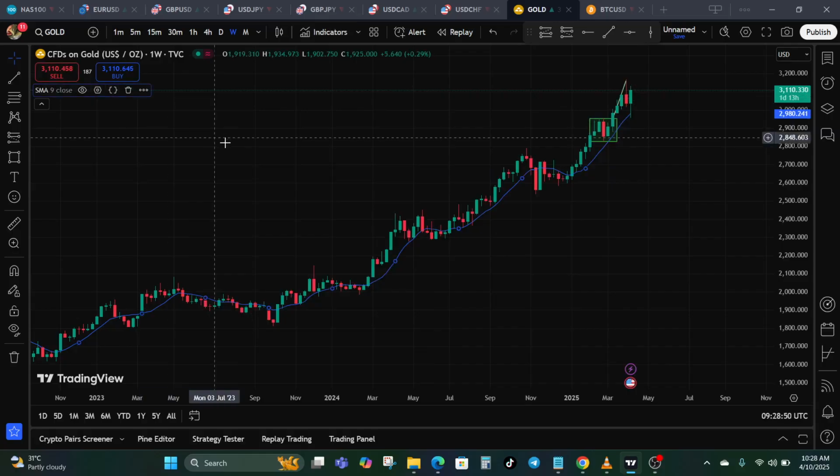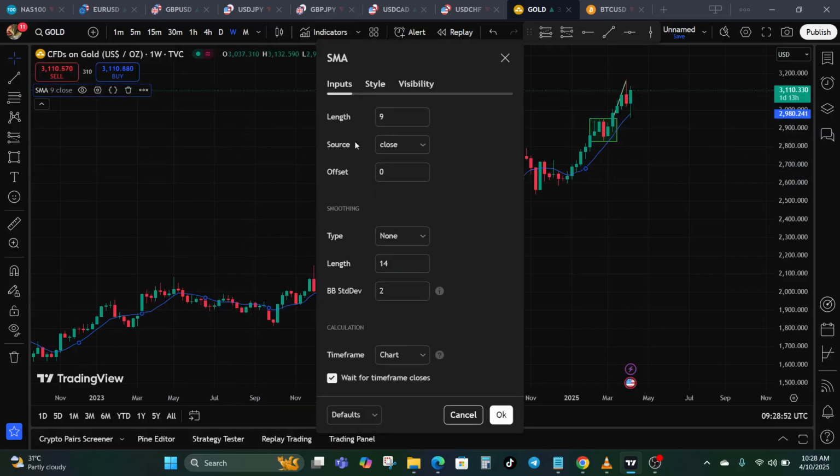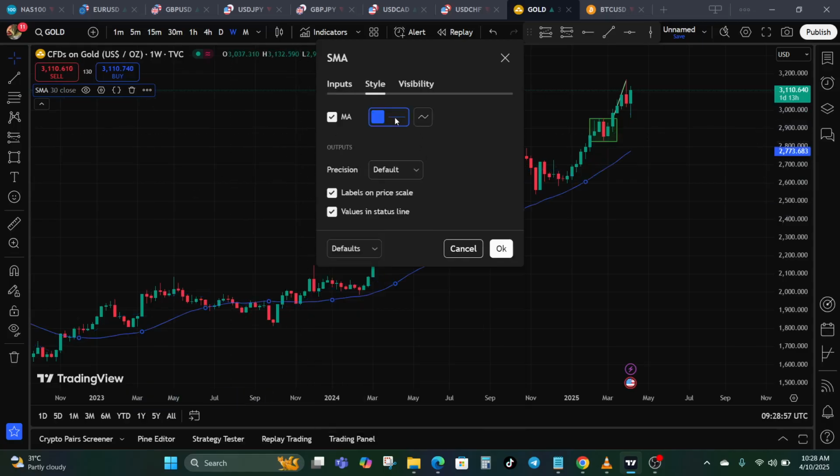On the weekly time frame, the 30-period moving average. So that's going to give us the 30-week moving average.